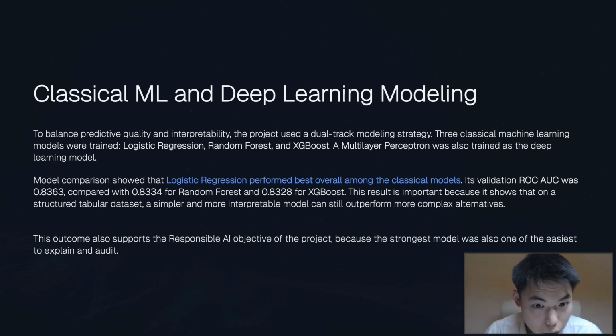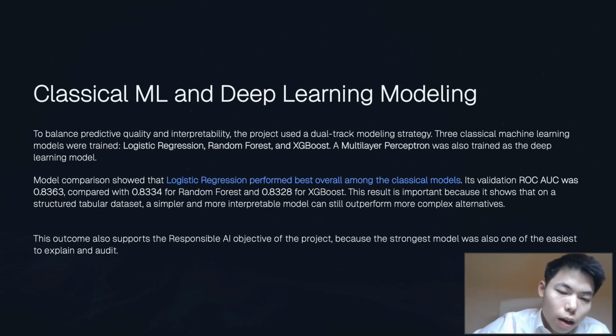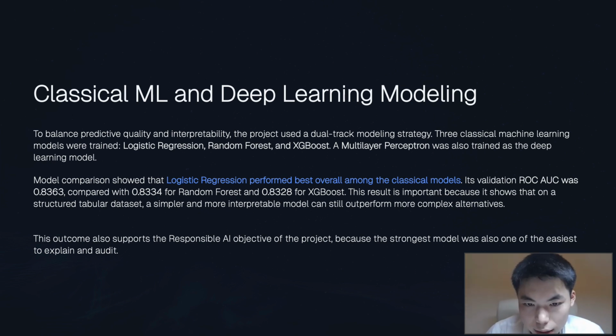This is important because churn prediction is not only about the overall accuracy. I also care about how well the model ranks the high-risk customers. And the most important result here is that logistic regression performs best overall among the classical models, and the validation ROC AUC was 0.83, clearly better than the random forest and XGBoost.